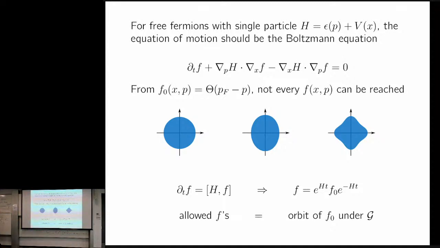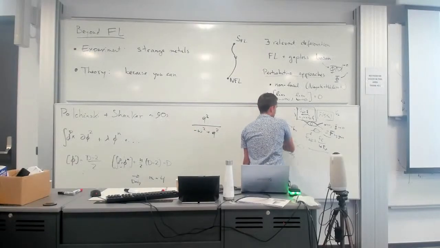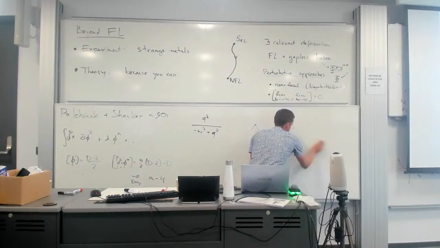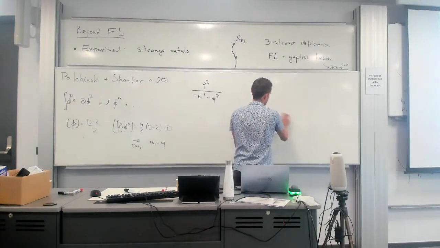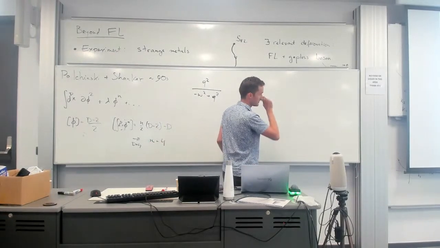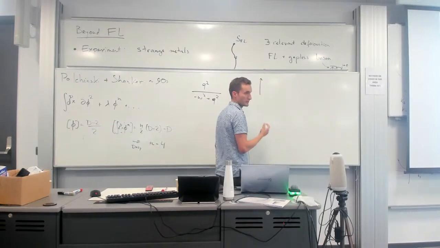Just to give you a much simpler example of this, this is essentially the same as ferromagnets. Ferromagnets have an order parameter in the adjoint.